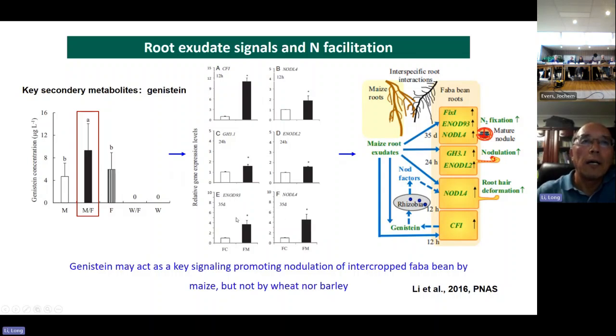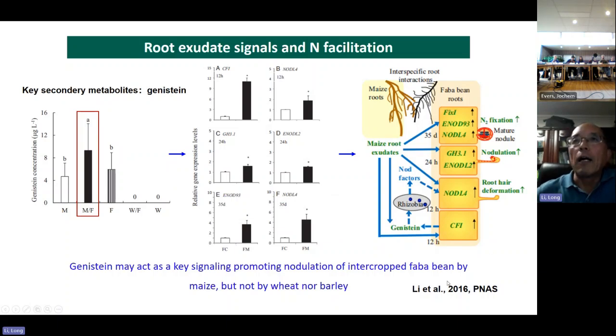The black one is the treatment with maize root exudates. Faba bean roots have much higher relative gene expression levels compared to those without maize root exudates.